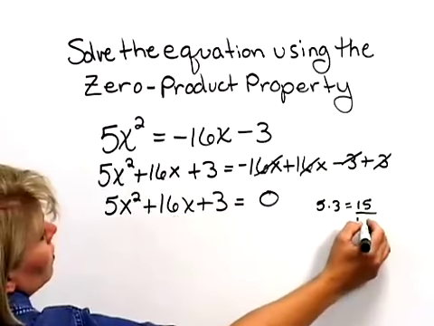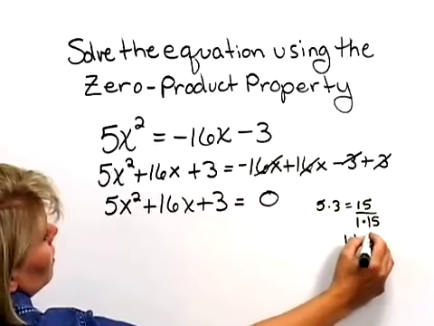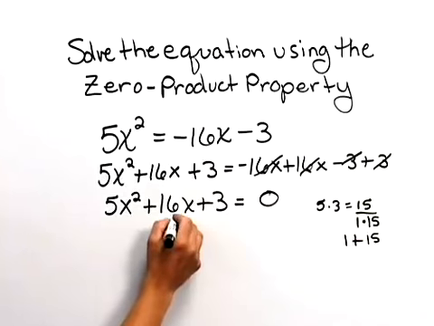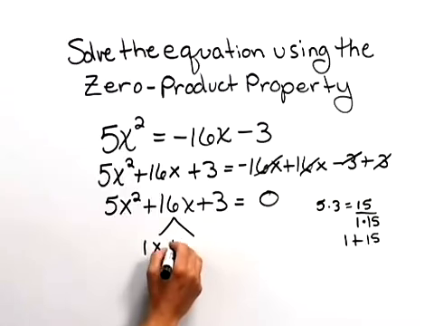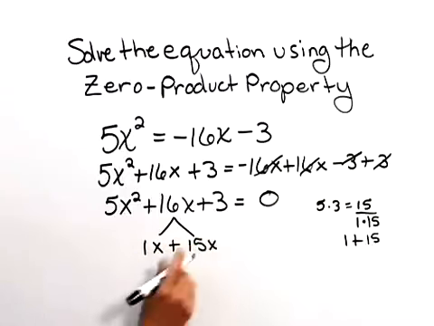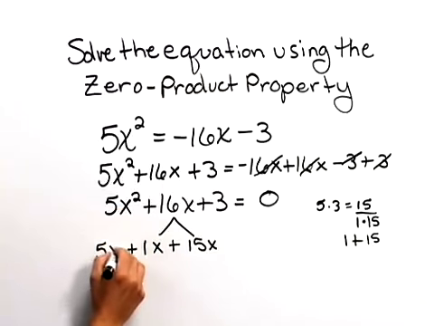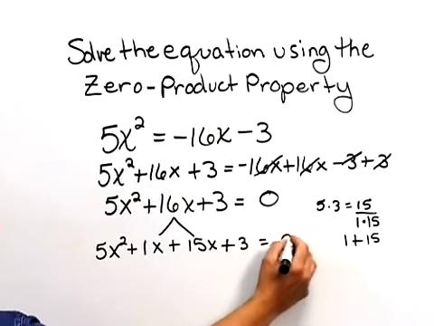I notice that 15 is the same thing as 1 times 15, and 1 plus 15 would give us our 16 in the middle. So let's separate the 16x into a 1x plus a 15x, which is where that 16x came from. We're going to carry down our 5x squared and our 3 equaling 0.